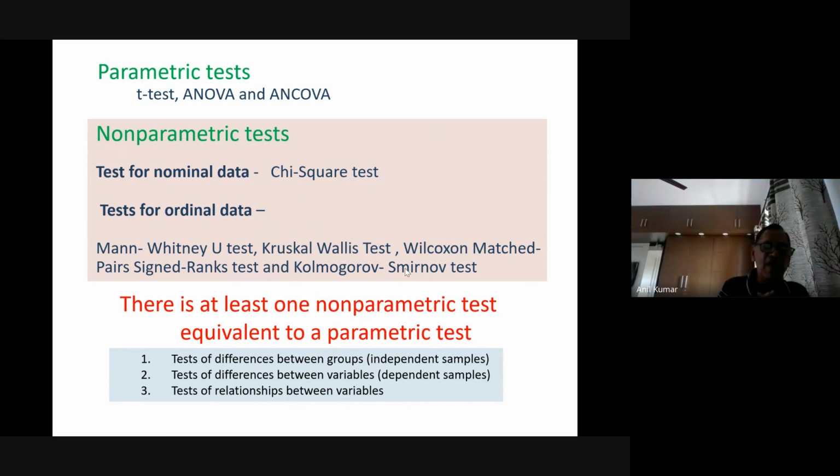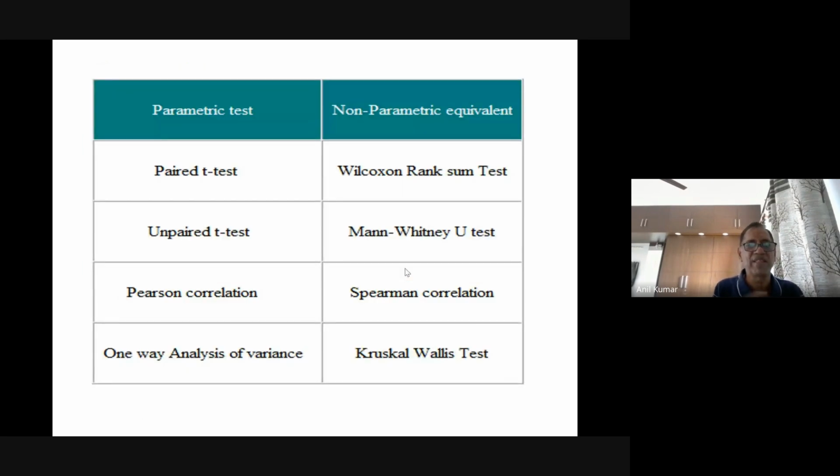It's not that we do not have parallel tests at the non-parametric level. We have parallel tests also. If you are not able to use paired t-tests in the parametric domain because the nature of your data is not allowing you to go for parametric, you can think of the non-parametric equivalent.